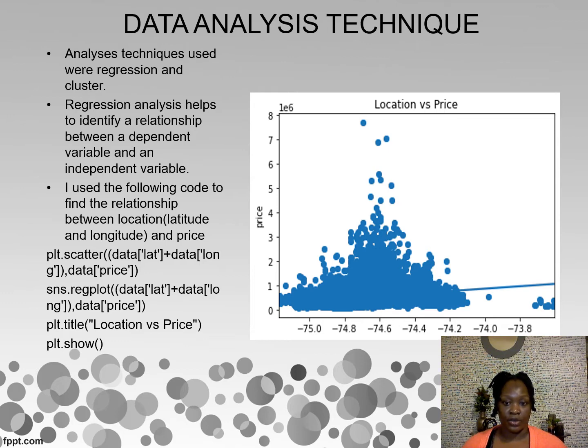Houses around this area tend to be in the range of 0.5 to 1 million, and from that, we can deduce that these are areas where they are populated.